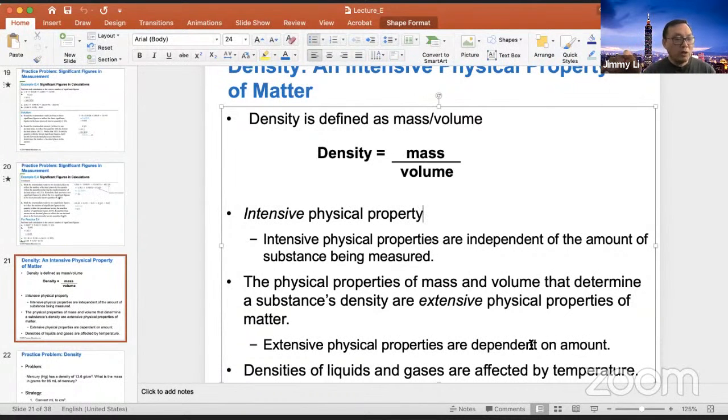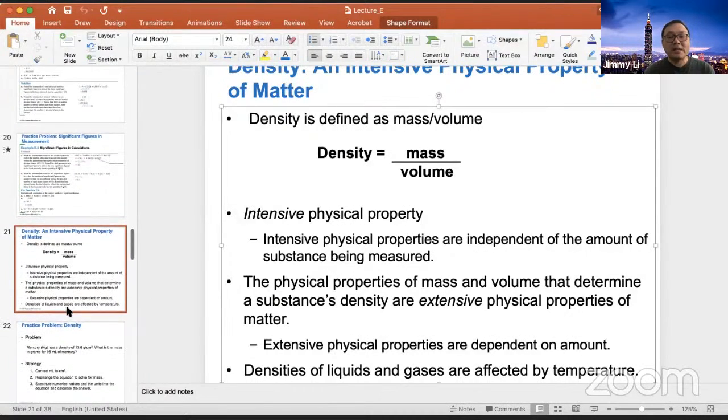If you open up your faucet and try to measure the density of the water from that faucet, no matter whether you use 10 grams of water or 100 grams from that faucet, that density is going to be the same. That's why an intensive property is independent of the amount of substance being measured.